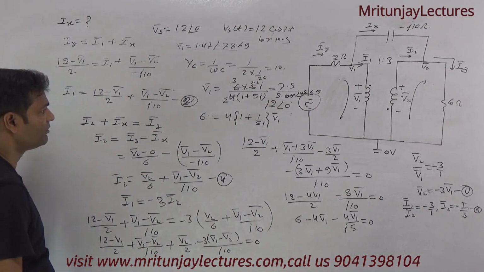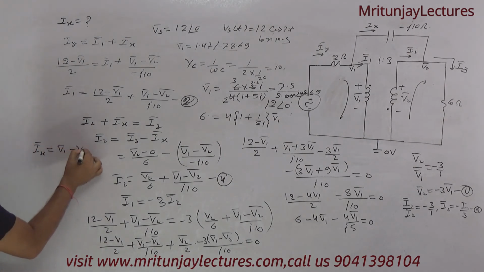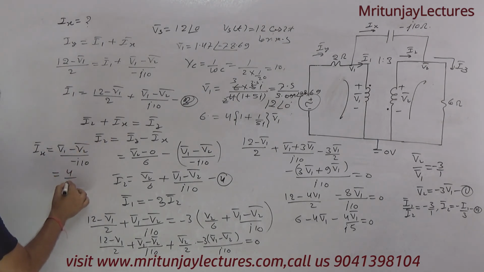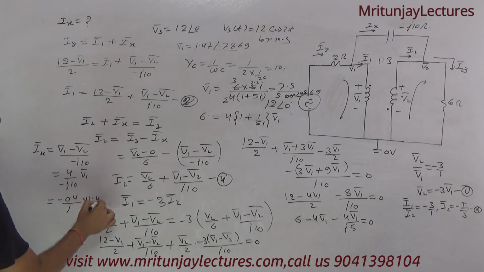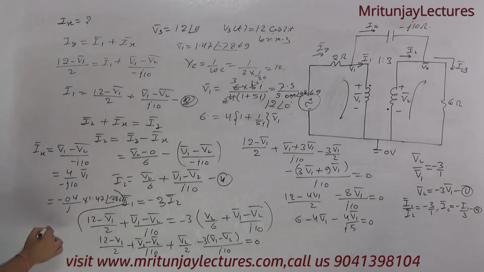And what about Ix? Ix is V1 minus V2 divided by minus j10, and V2 is minus 3 V1, so 4 V1 divided by minus j10, that is 0.4 by j, and V1 is 1.47 at the angle minus 78.69. Now how can we resolve it?